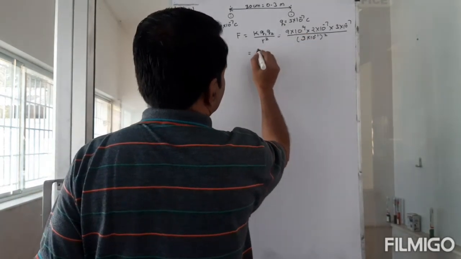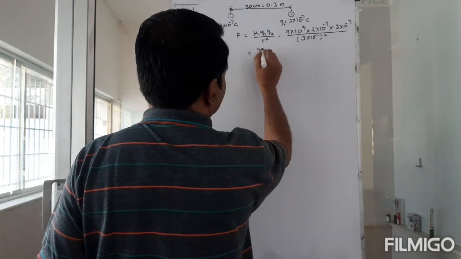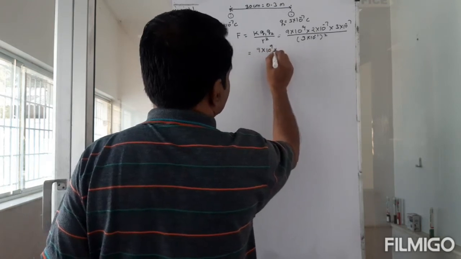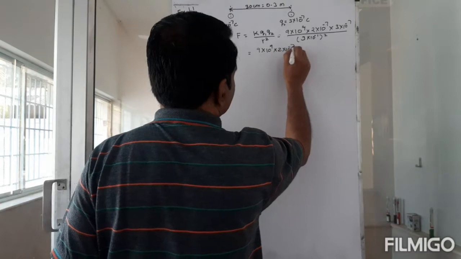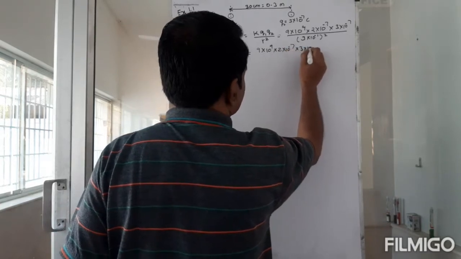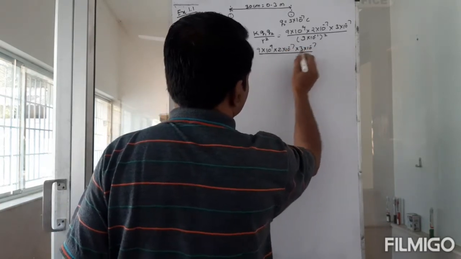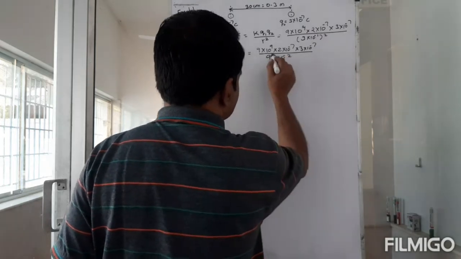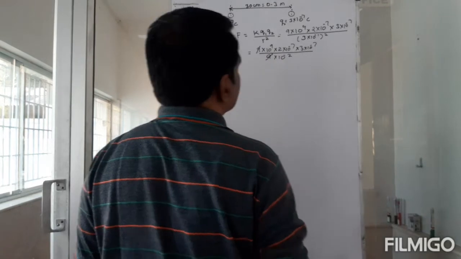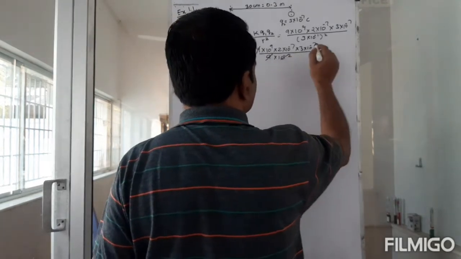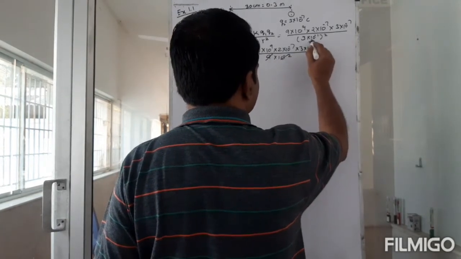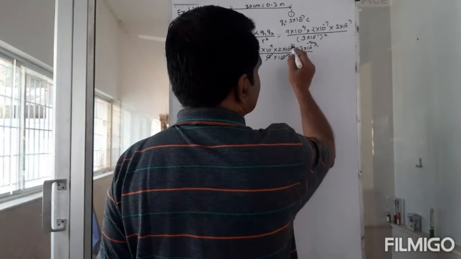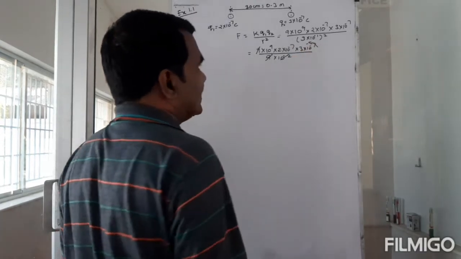So maybe I'll do it again. 9 into 10 power 9, 2 into 10 power minus 7, 3 into 10 power minus 7, divided by 9 into 10 power minus 2. So this 9 and this 9 will cancel, and 10 power minus 2 will become 10 power minus 5.